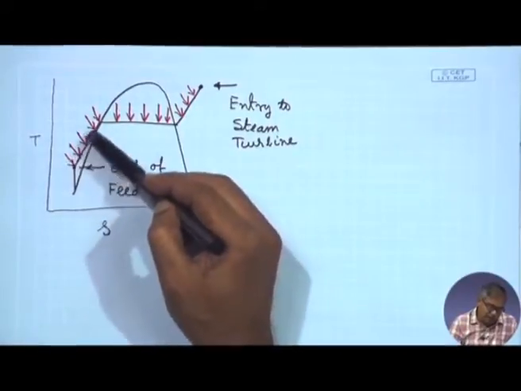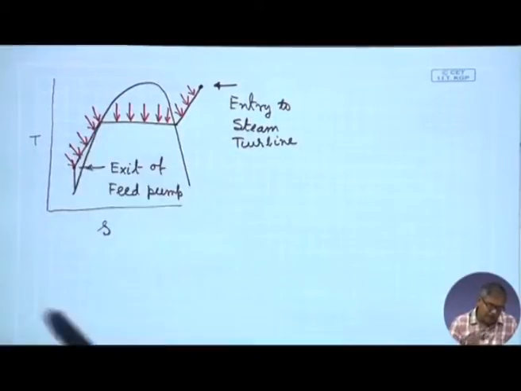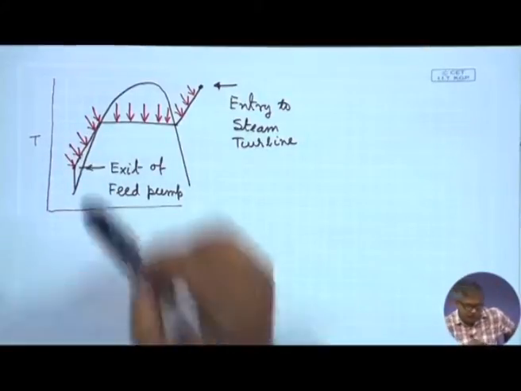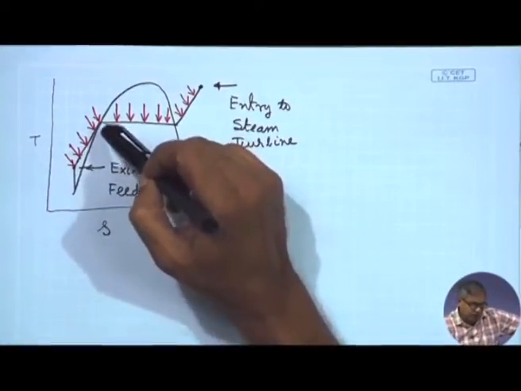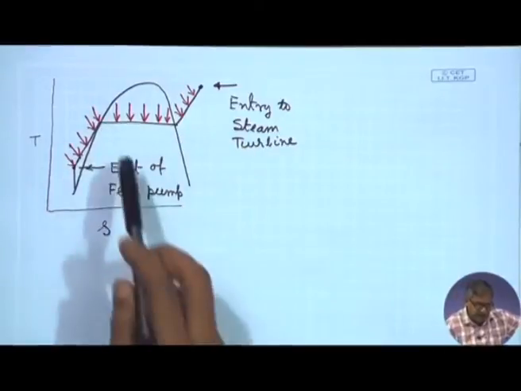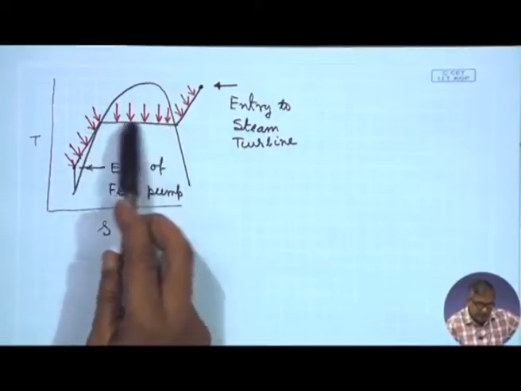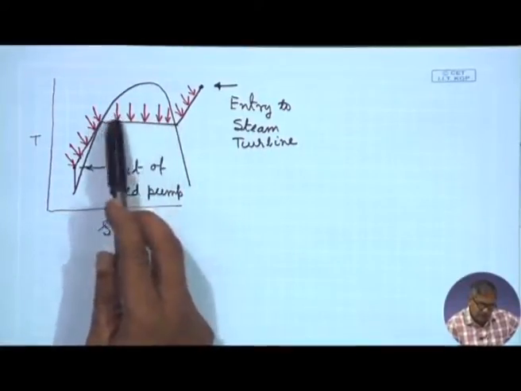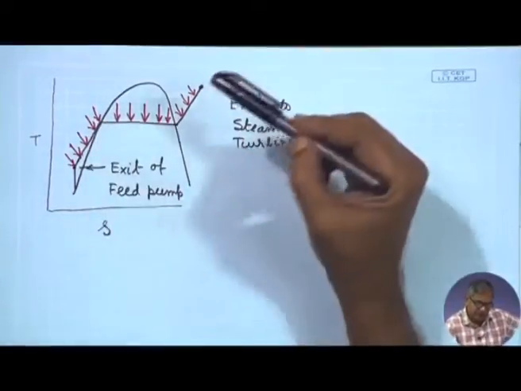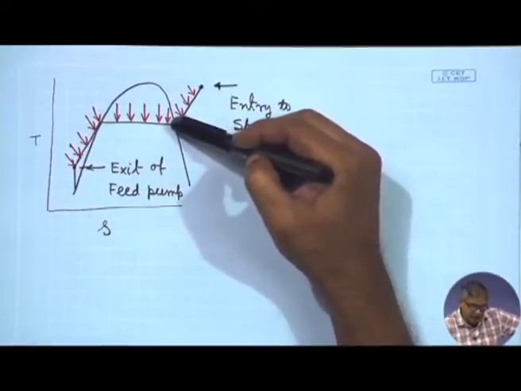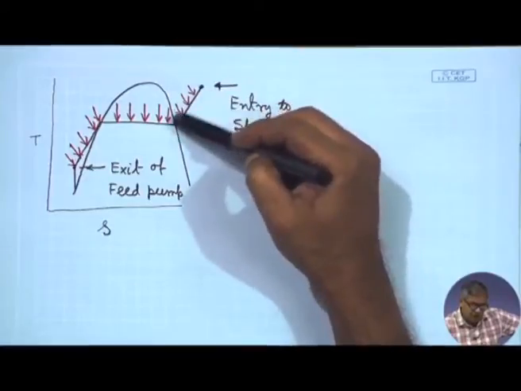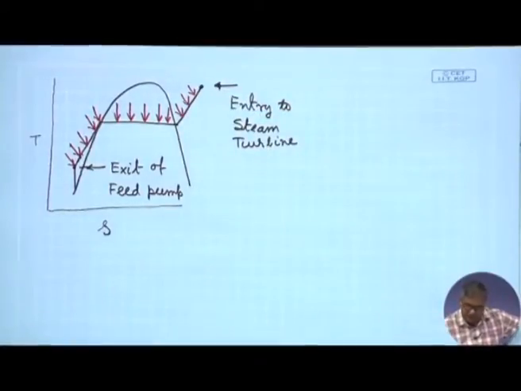This takes place in a part of the boiler which is known as the economizer, and then there is evaporation, which is of course the main part of the boiler. After that, once we have got saturated steam, it goes to the superheater where its temperature is further increased.